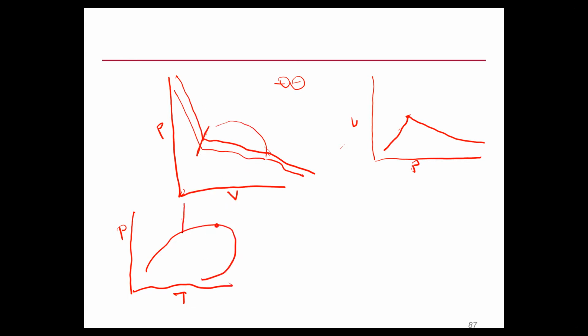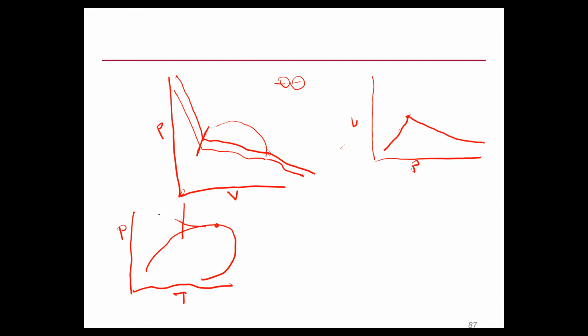This is the critical point. As we move down here, the volume increases. So here we have asphaltene issues.